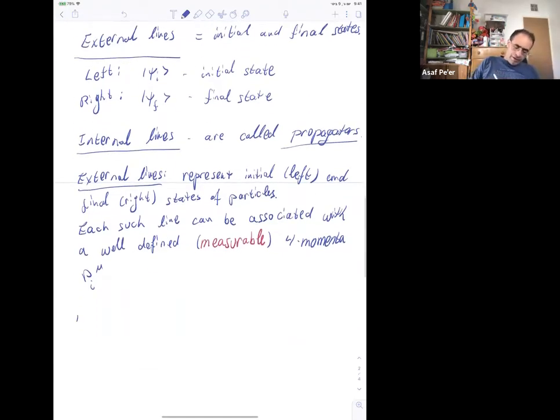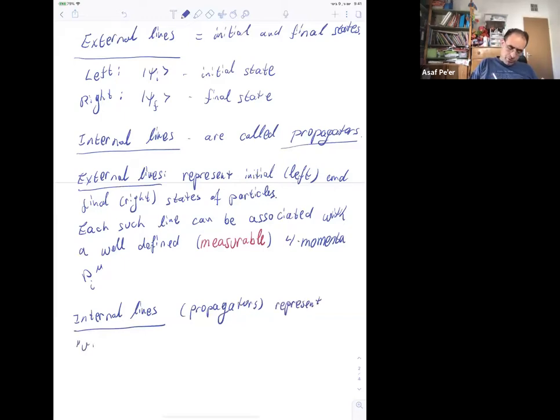Okay, so internal lines, propagators, represent virtual particles or intermediate states.